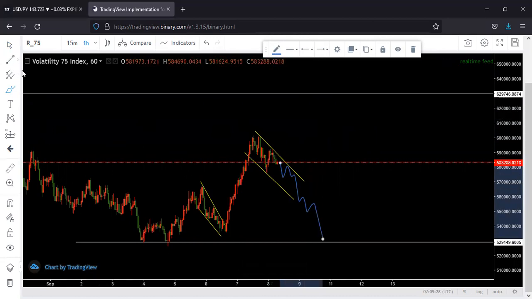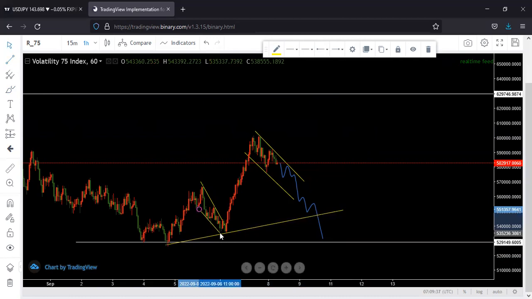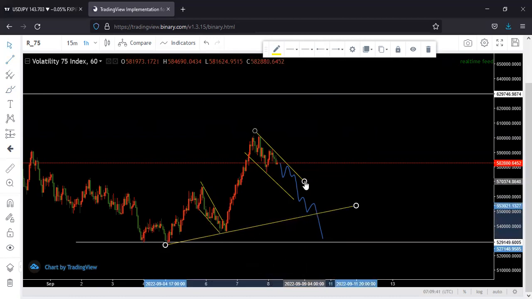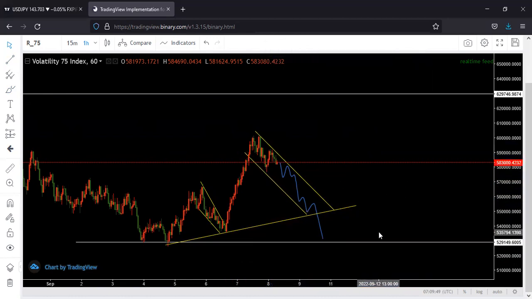But let us try to draw this trend line from this point to this point. So you see? Let me try to expand this up to this point. So you see?